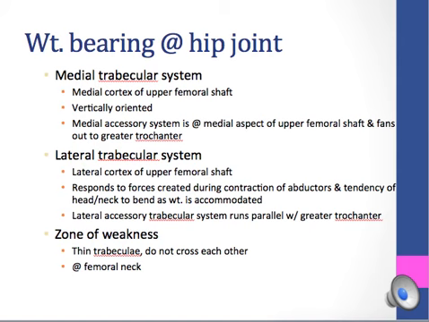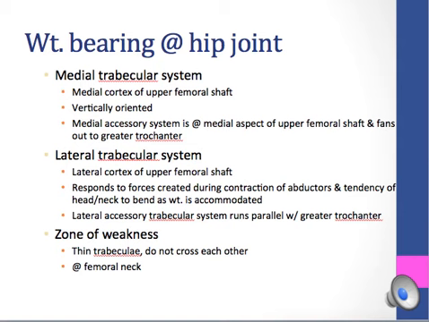You know, the hip is a big weight-bearing joint, and it's got these trabecular systems that are built to take all of this. And that medial trabecular system is that upper part of that femoral shaft, and it's got that accessory system, the medial aspect of the femoral shaft, and it fans out into that greater trochanter.